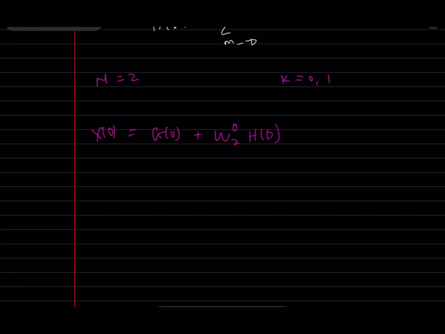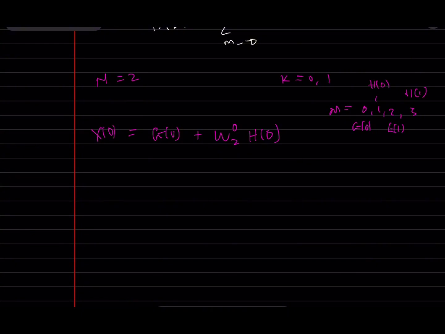So if our sequence is 0, 1, 2, 3, now here becomes our G of 0, this one becomes our G of 1, and this also becomes our H of 0, and this one becomes our H of 1. You get it?